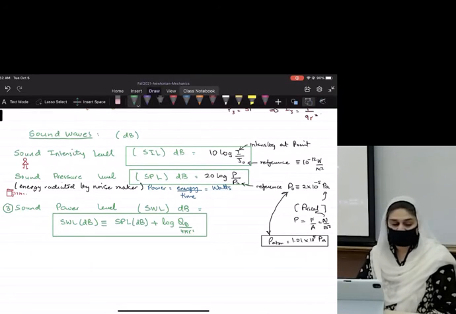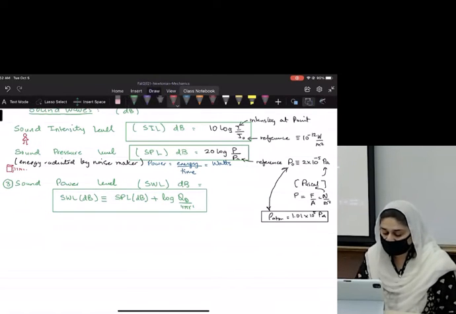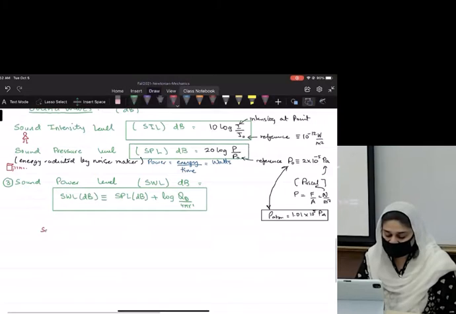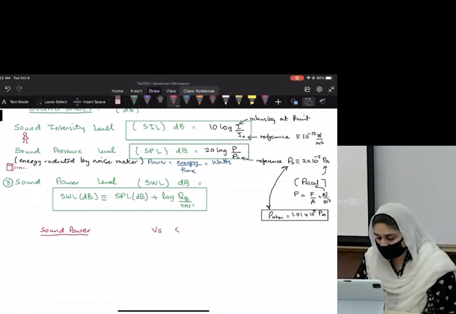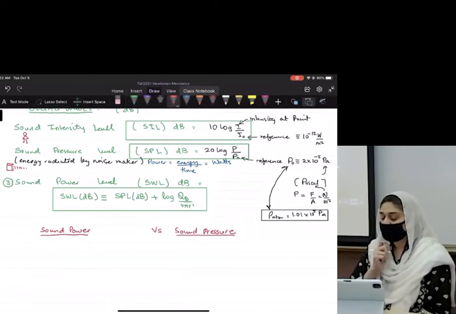Now, what's the difference between power and pressure? Here's a good way to think about it. What is sound power versus what is sound pressure? Well, they are related to each other.